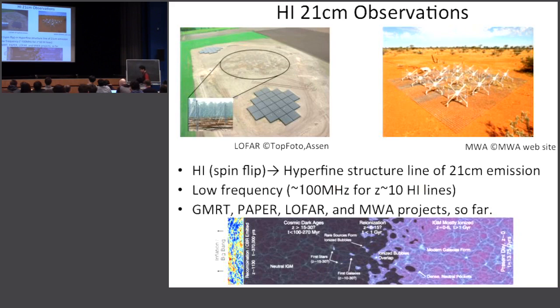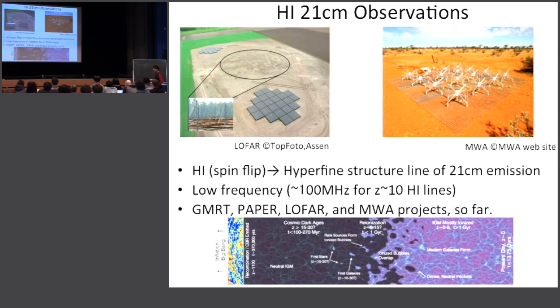So of course people think that 21 centimeter observations are quite promising. That is true. The idea of the 21 centimeter observation is to identify the hyperfine structure line of 21 centimeter, which is made by the spin flip of the neutral hydrogen atom, I mean the proton and electron.